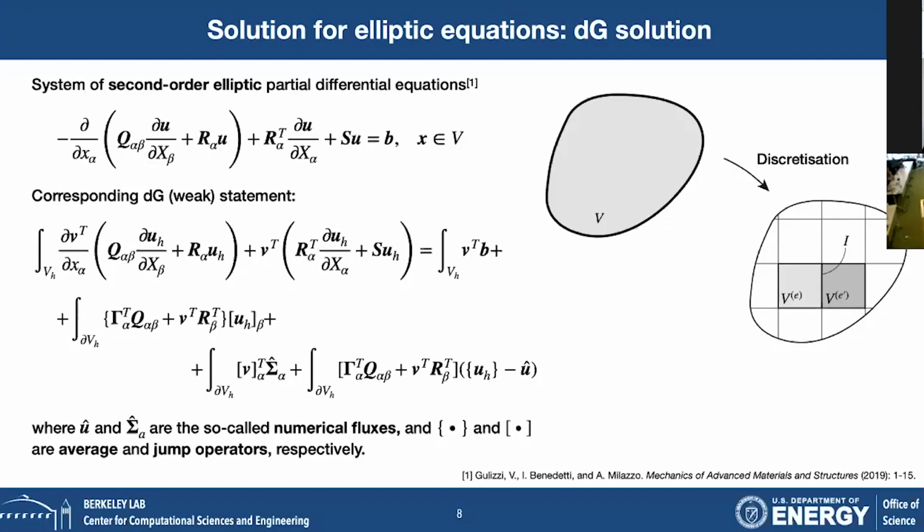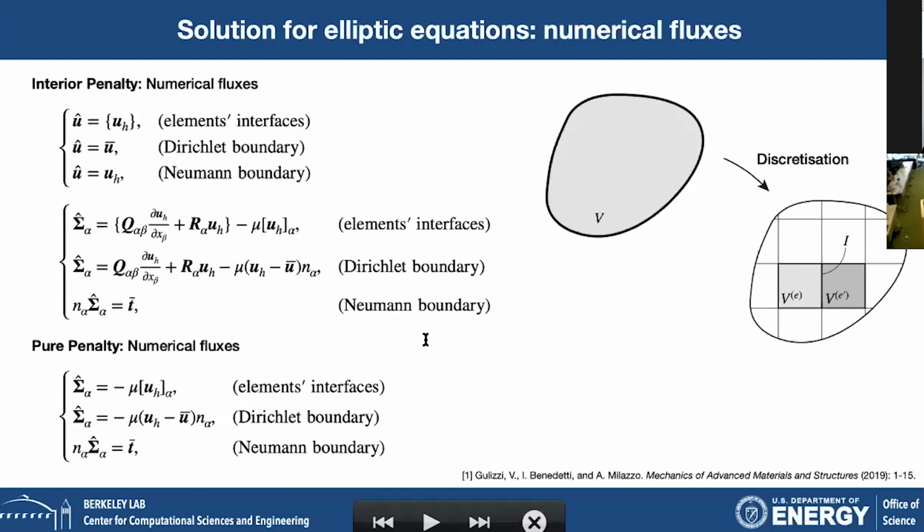On the other hand, of course, you have to make the elements talk among each other. To do so, you have to introduce these terms here on the bottom, the terms with the small hat, this one here and this one here, which basically allow you to express the solution at the boundary between elements by a combination of the solution inside the neighboring elements.